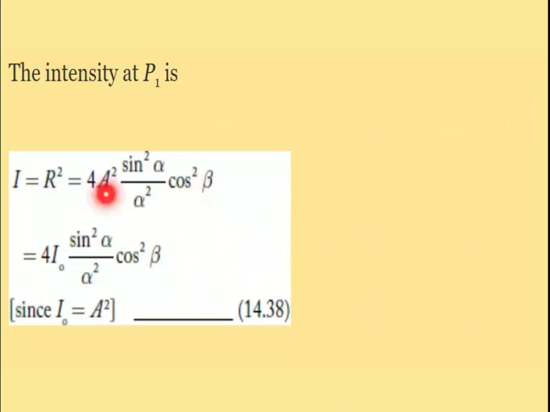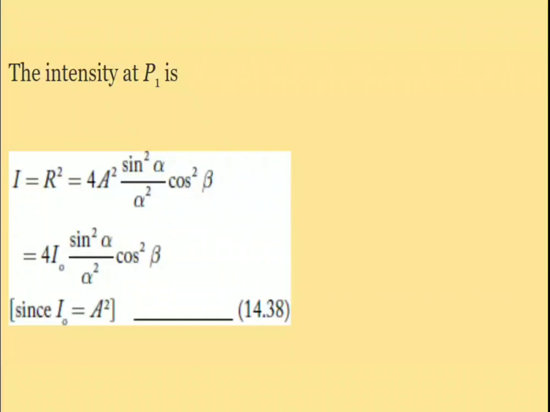By replacing A square as I naught, we get the resultant intensity 4 I naught sin square alpha by alpha square cos square beta. This is the final intensity distribution, or the intensity formula, in the case of Fraunhofer diffraction due to double slit.